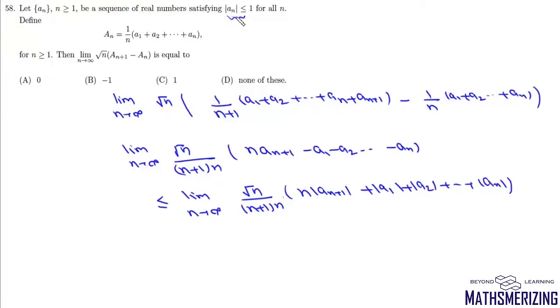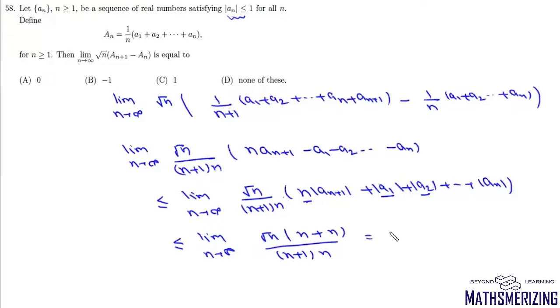Now the maximum value of any an is 1, so this is less than or equal to limit n tends to infinity of root n times n, and then the maximum value for each is 1, so it will be 1 plus 1 plus 1 up to n, upon (n plus 1) into n.